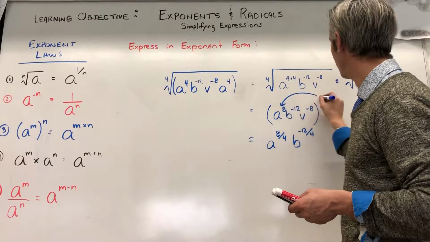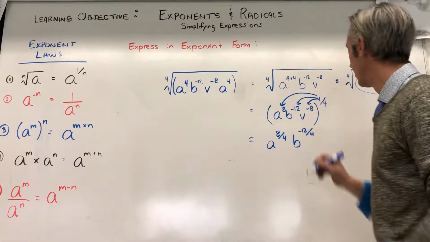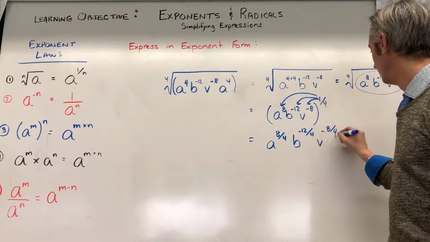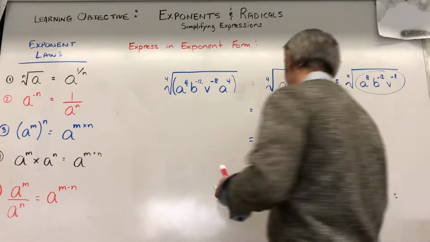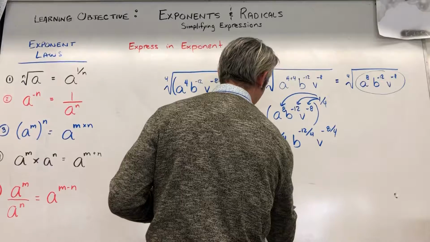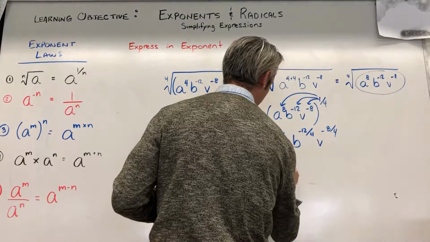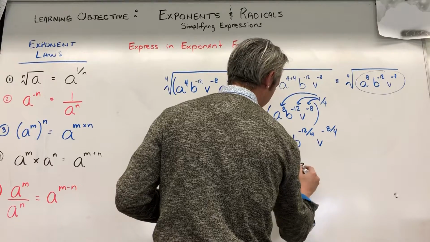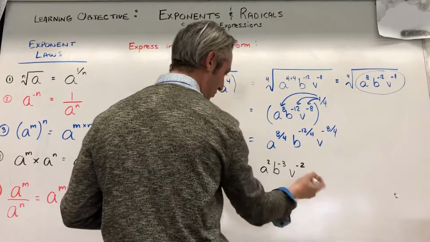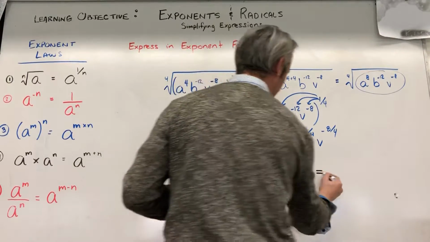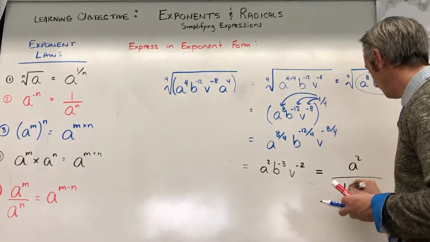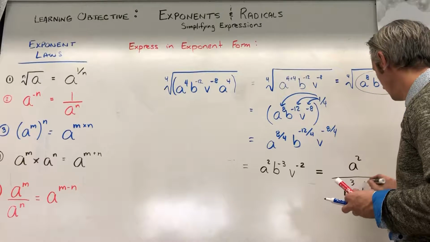Remember, this 1 over 4 distributes to each variable. And b to the negative 8 over 4. And then if I simplify, this becomes a squared, b to the negative 3, b to the 8 divided by 4 is negative 2. And now I'm almost done, so I can kick the negative exponents down below. So a squared over b cubed b squared.